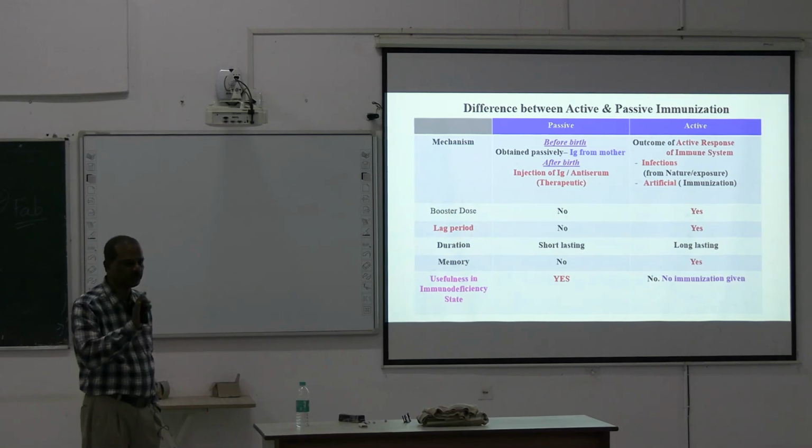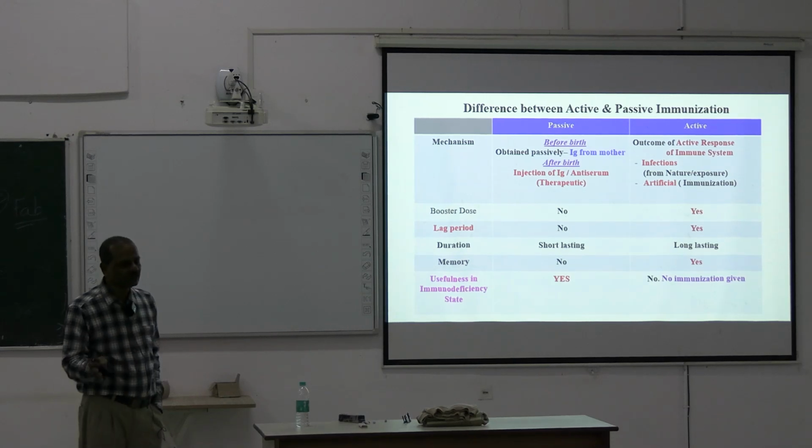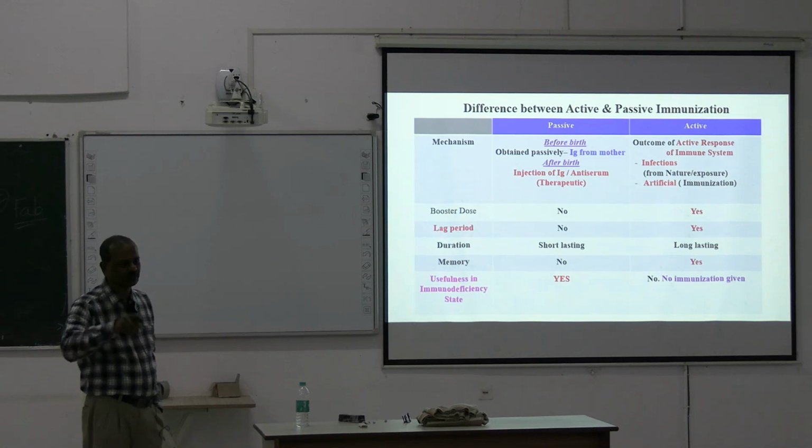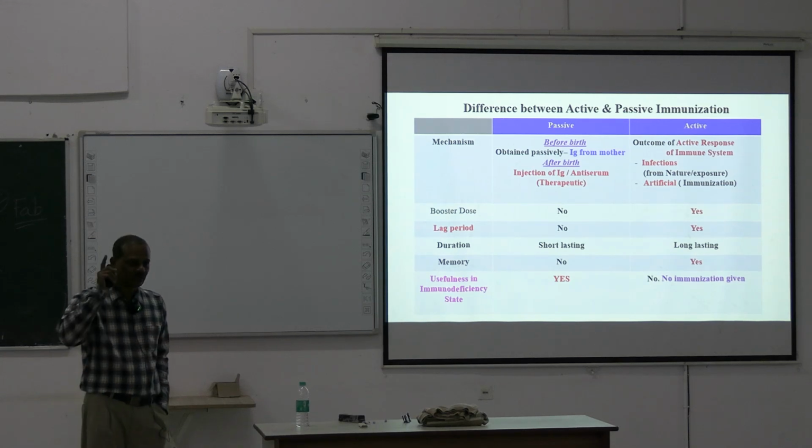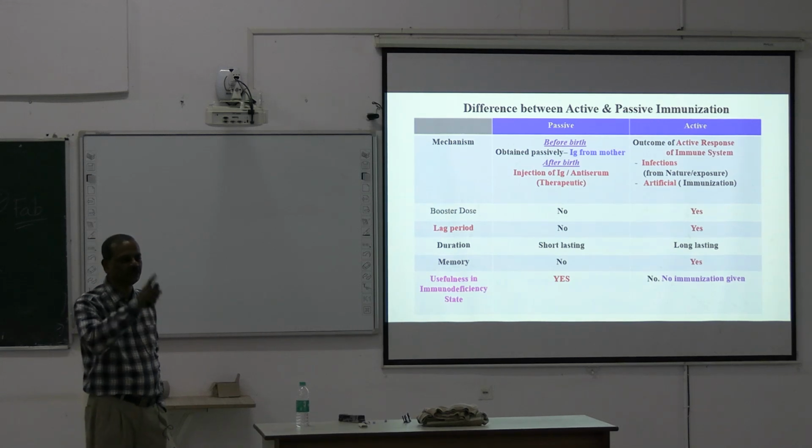So they are in an immunodeficiency state. Or some viruses, some bacteria have infected our immune cells. So in that case, we cannot mount any immune response, even if a vaccine is given. Vaccine is contraindicated.